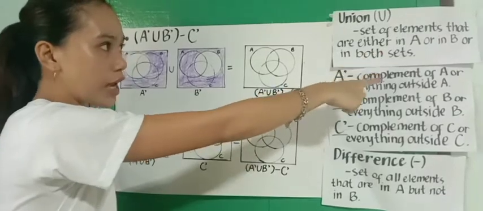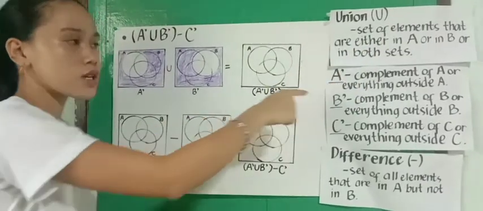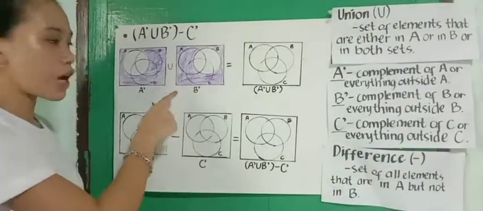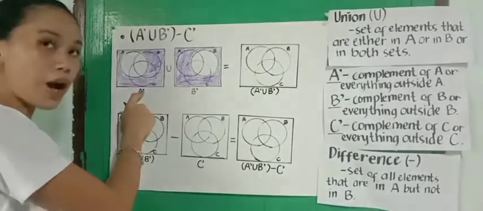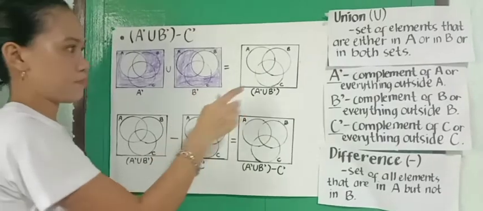Since we are looking for the union, and union is the set of elements that are either in A or in B or in both sets, we will be shading everything in A and in B, I mean in B prime, A prime union B prime.